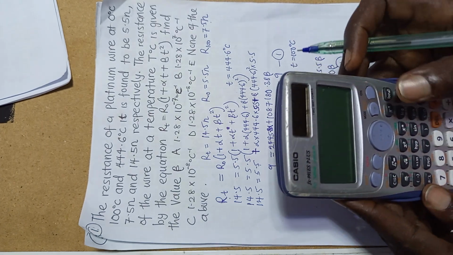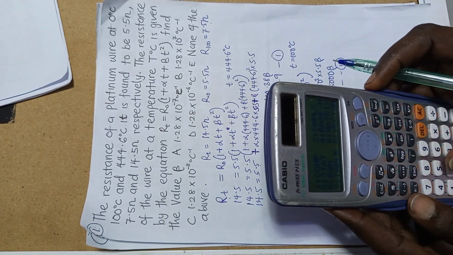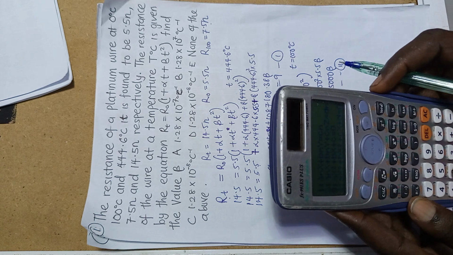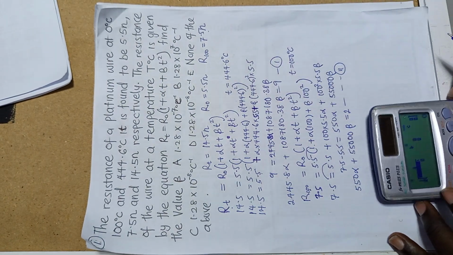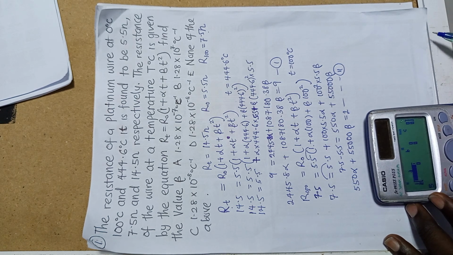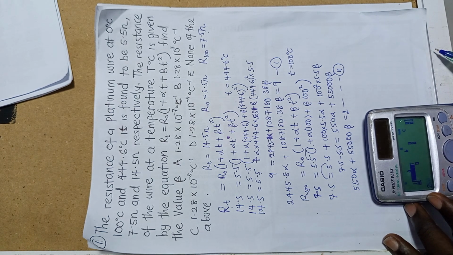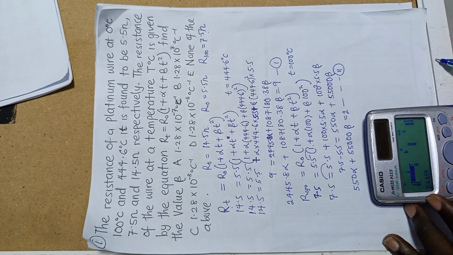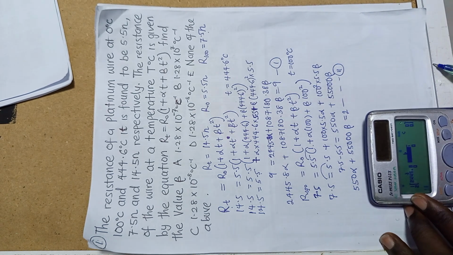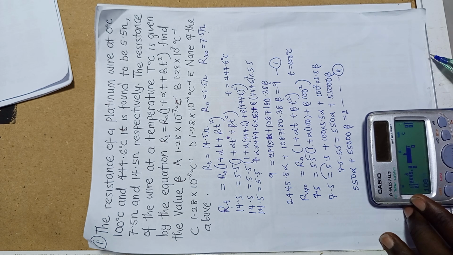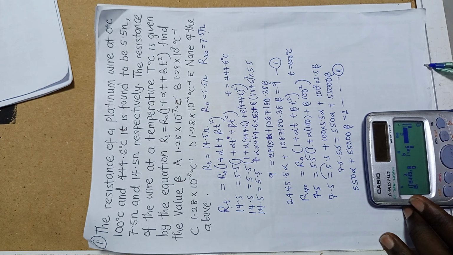Now, let's solve the two of them simultaneously. Equation 1 is 2445.3 alpha plus 1087180.38 beta equals 9.